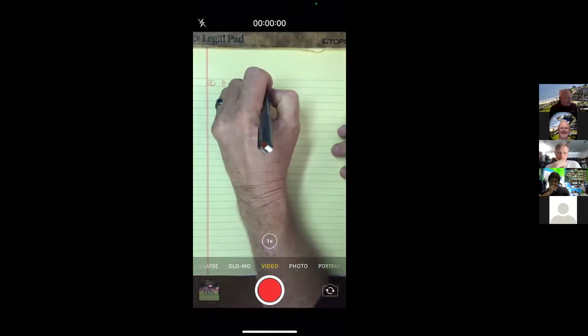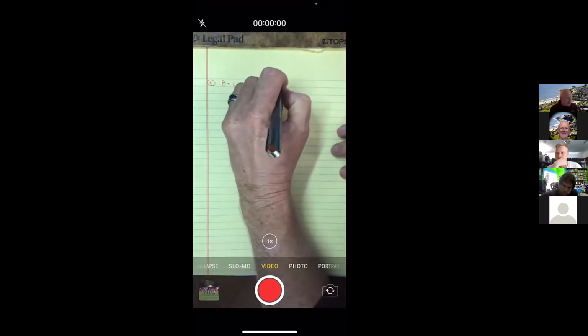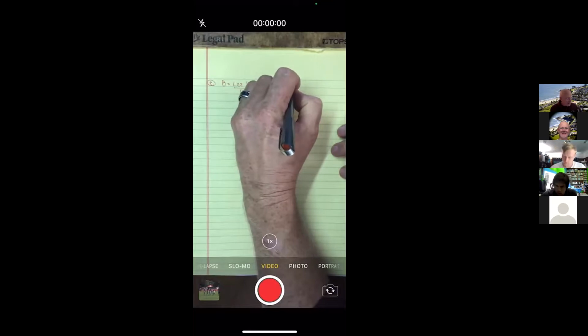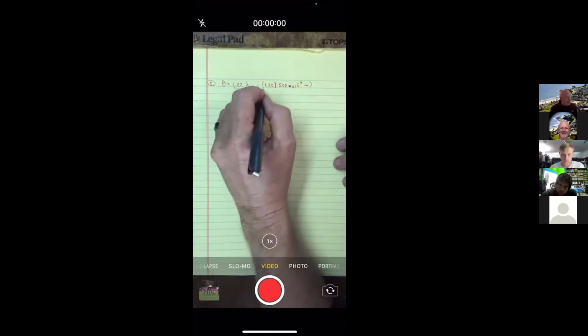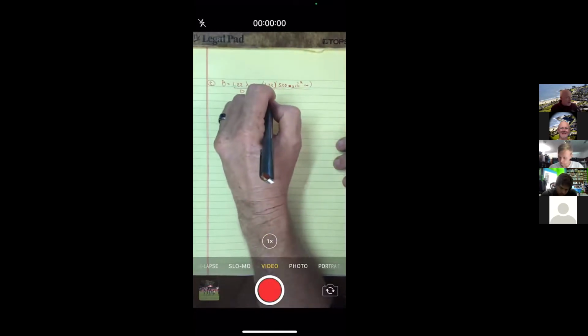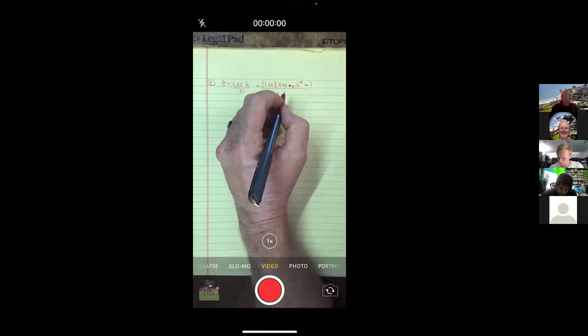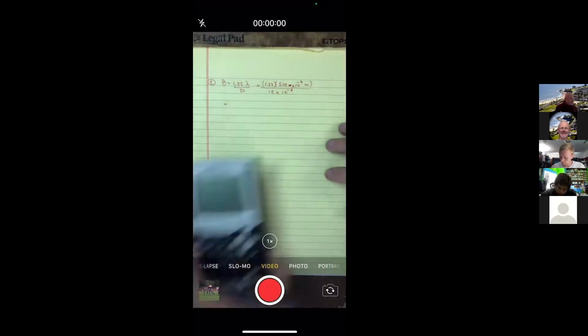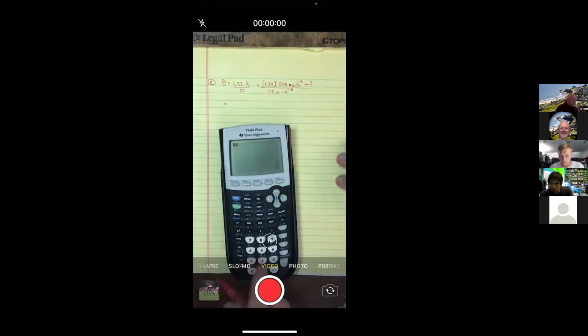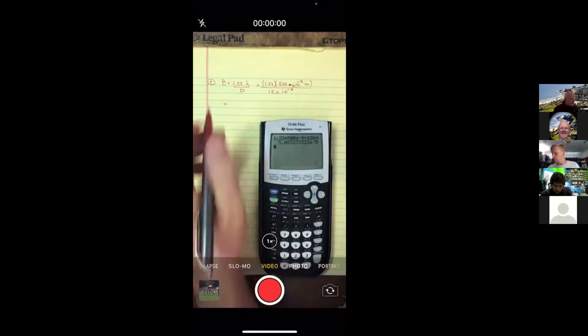So 1.22, the wavelength is 500 times 10 to the minus 9 meters. The diameter of the hawk's eye is 12 millimeters. And so 1.22 times 500 times 10 to the negative 9 divided by 12 times 10 to the negative 3.